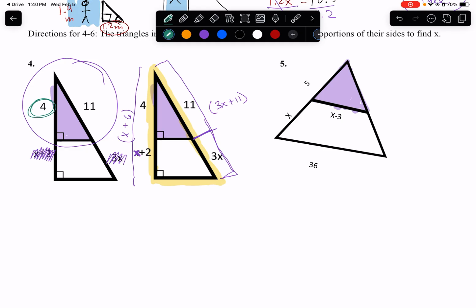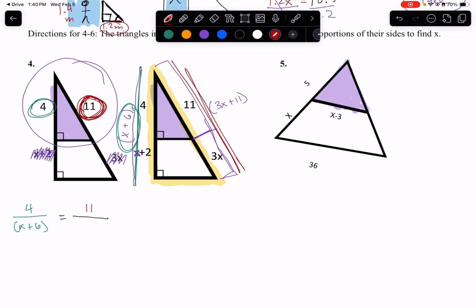I'm going to use the 4, divided by that corresponding side in the larger yellow triangle, which is this whole thing, the x plus 6. I'm then going to set that equal to, and go back to the original triangle and grab the 11 because I haven't used that yet. And then I'm going to divide that by the corresponding side in the largest triangle, which is the 3x plus 11.